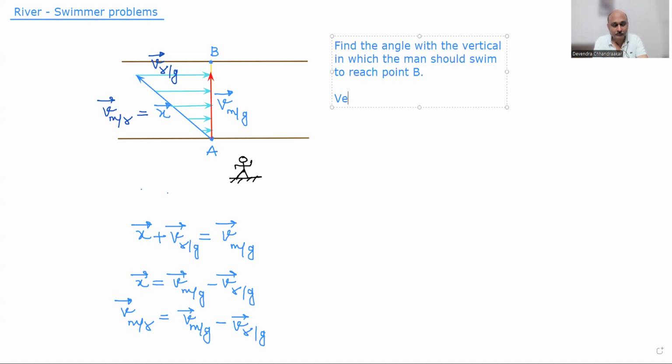Given data is velocity of river with respect to ground is equal to 3 kilometers per hour. ठीक है.